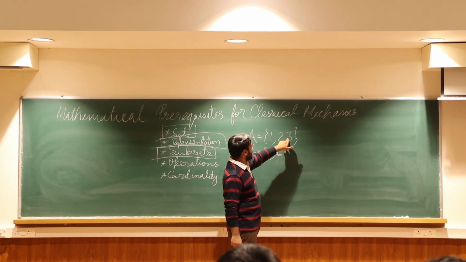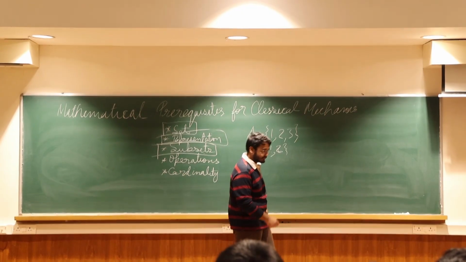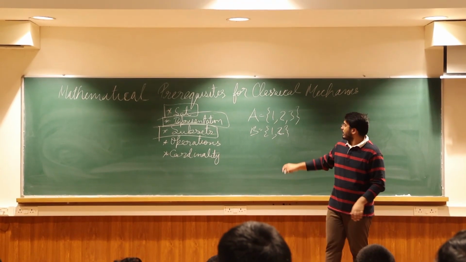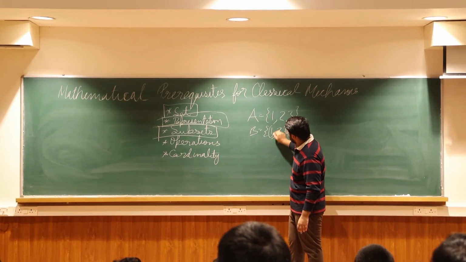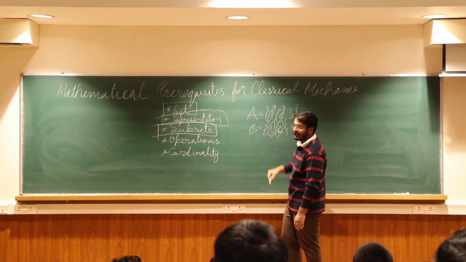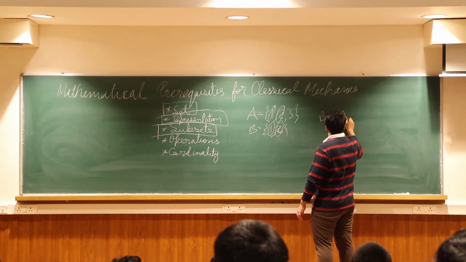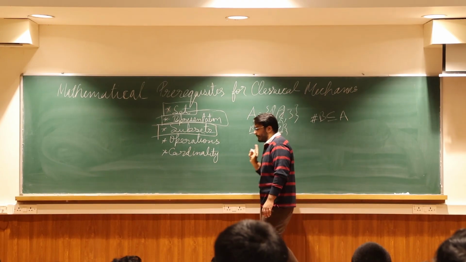So 1, 2, 3 are elements which belong to A, 1, 2 are elements of B. So if you notice, every element present in B is also present in A. Thus, we say that B is a subset of A.